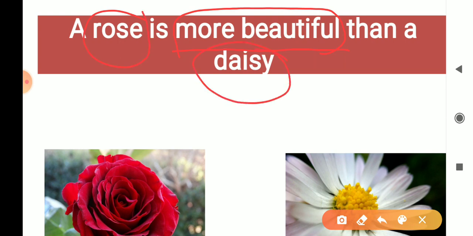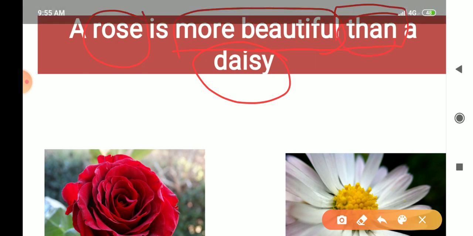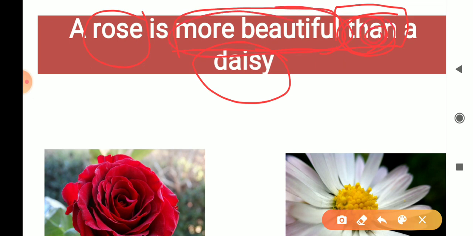So more beautiful and than are the signs of comparative degree. Whenever we are using comparative degree, we are using the comparative form of the adjective and then this word than. So these two things tell us that this degree is a comparative degree.